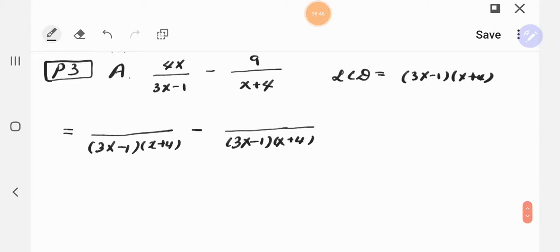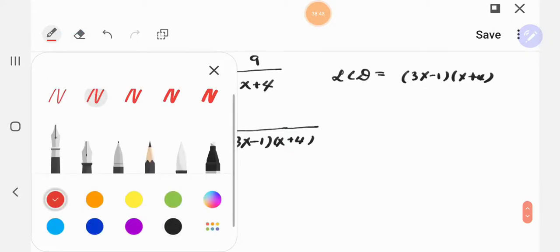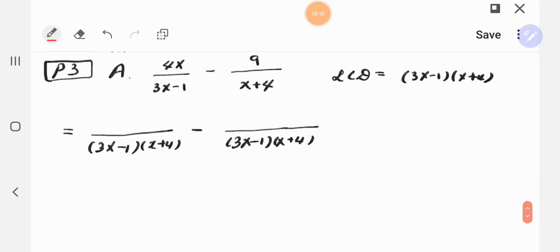Okay, from this, let's change the numerator. All right, 3x minus 1, the denominator 3x minus 1 has a missing factor, which is x plus 4. So what we do is multiply this by x plus 4, so also multiply the numerator by x plus 4.